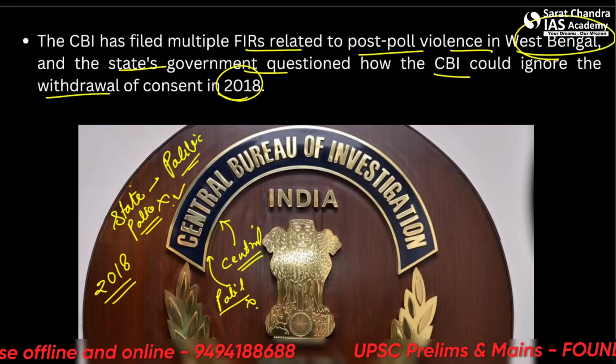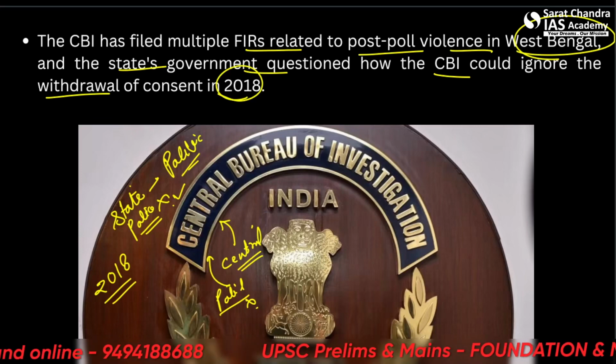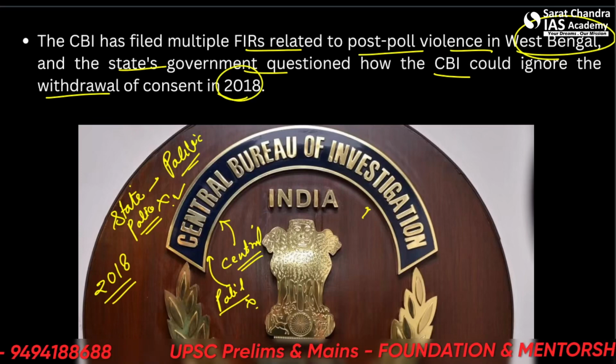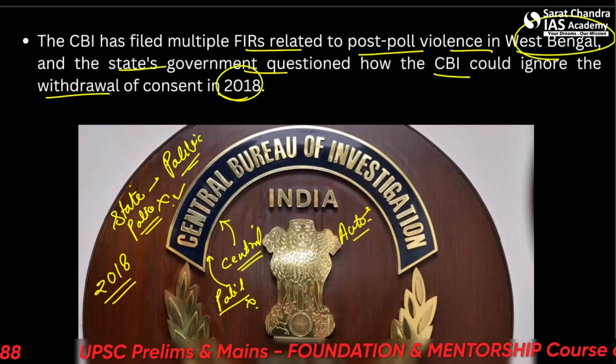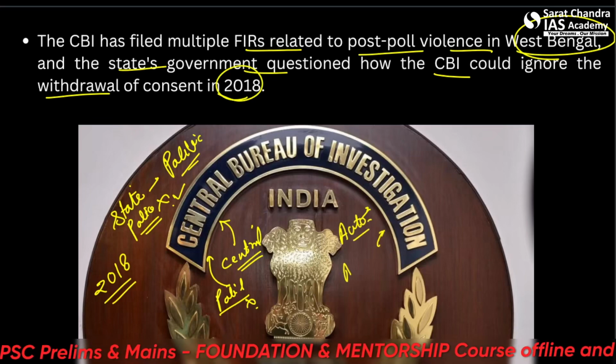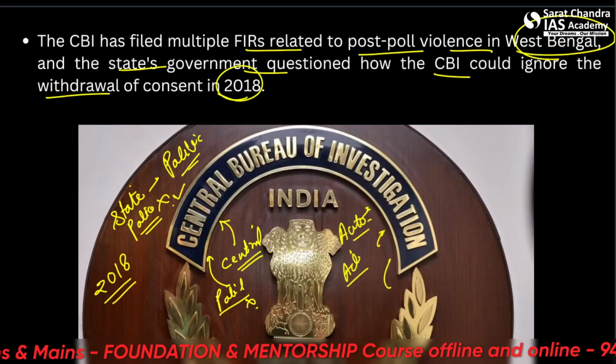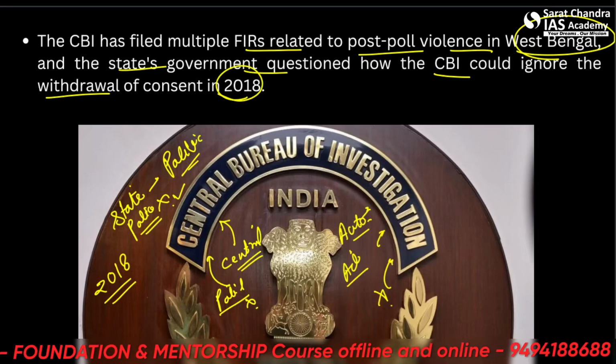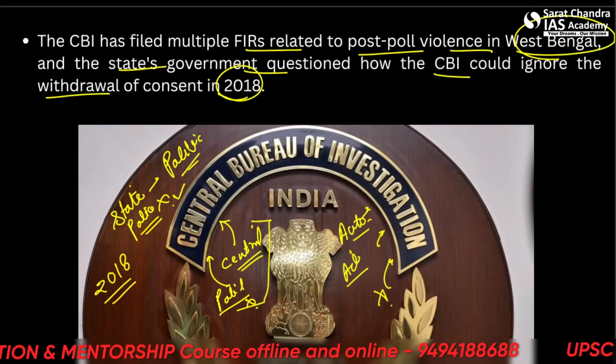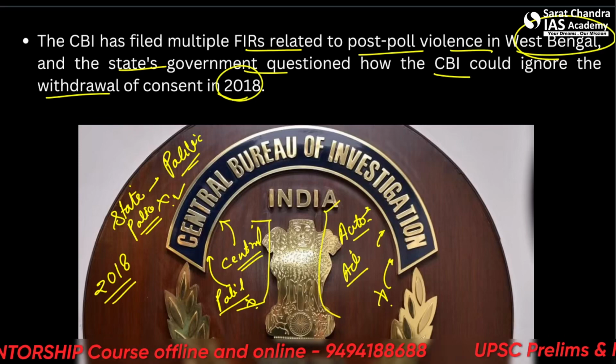But we do not have to mention or remember this. What we have to mention is that CBI is an autonomous body under which act, and that it has no influence from any other bodies. You can ignore this or keep it for the interview, but must remember the former.